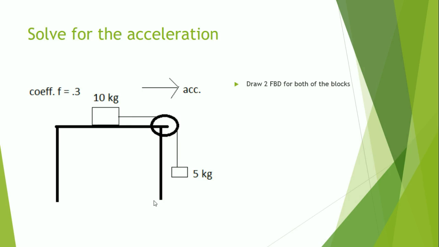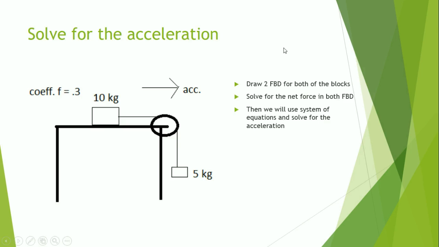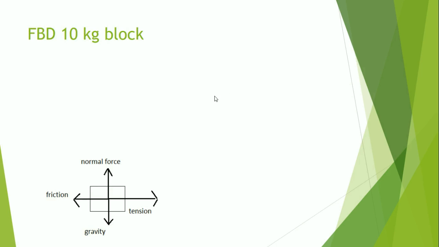Basically, we're first going to draw two free body diagrams for both of the blocks, and solve for the net force in both, and then we're going to use a system of equations to solve for the acceleration. So this is like an outline of the problem, and here I'm going to show you how that looks. So first, let's go ahead and draw a free body diagram for the 10 kg block on the table.